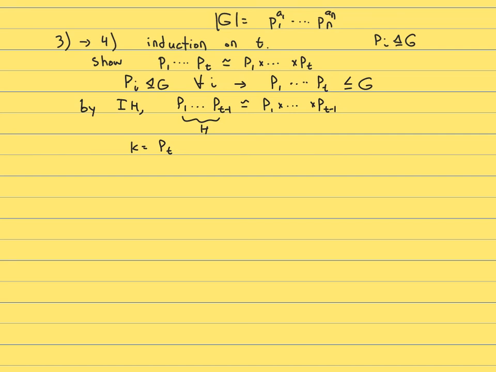And what do we have? We have K has size p_t^{a_t}, and H has size p_1^{a_1} ... p_{t-1}^{a_{t-1}}. Notice that these primes are distinct, so they have nothing in common, so it must be the case that H intersect K has size 1.